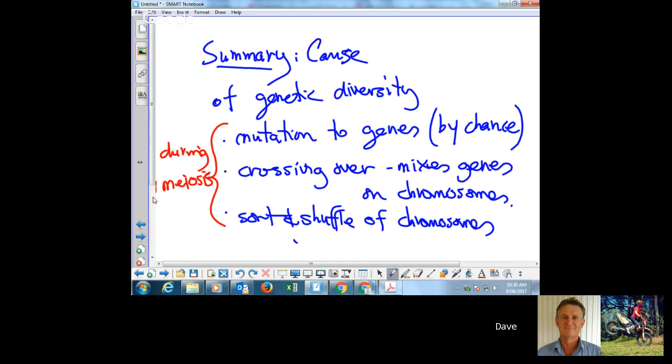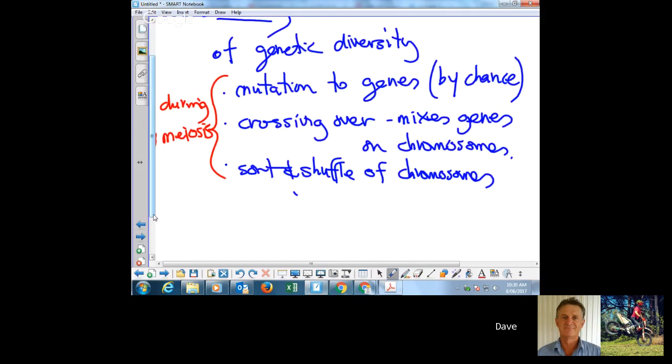And the last one is sexual reproduction. And what's the key to sexual reproduction? Two parents.